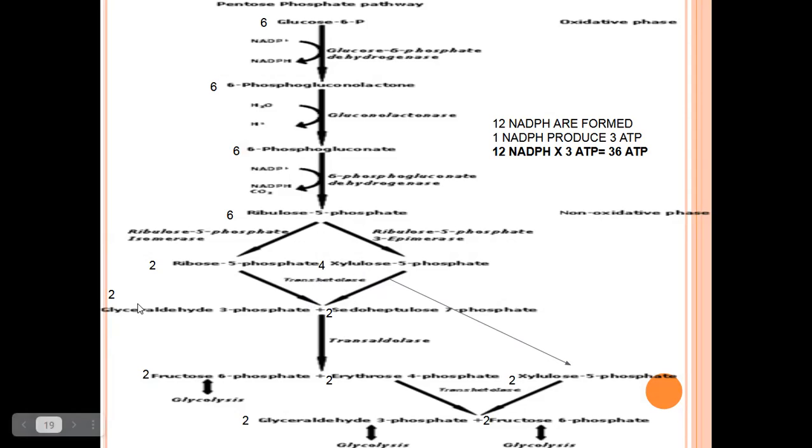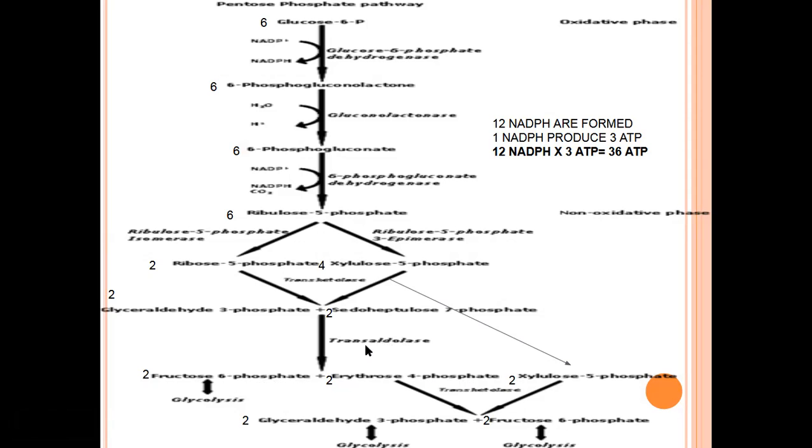Here, 2 molecules of glyceraldehyde 3-phosphate and 2 molecules of sedoheptulose 7-phosphate convert into 2 molecules of fructose 6-phosphate and 2 molecules of erythrose 4-phosphate in the presence of the transaldolase enzyme.